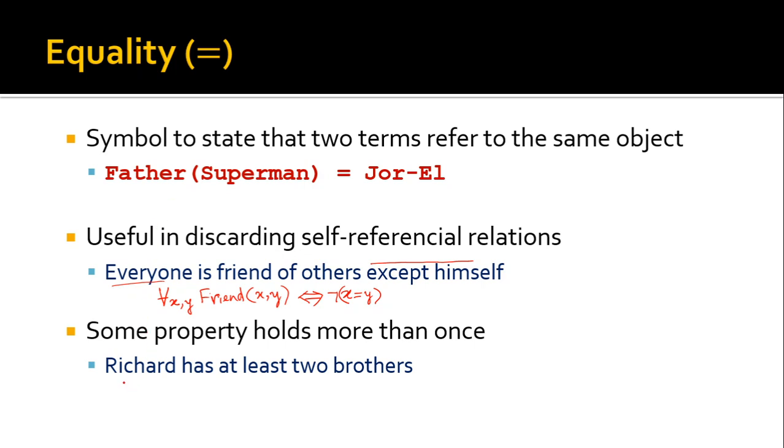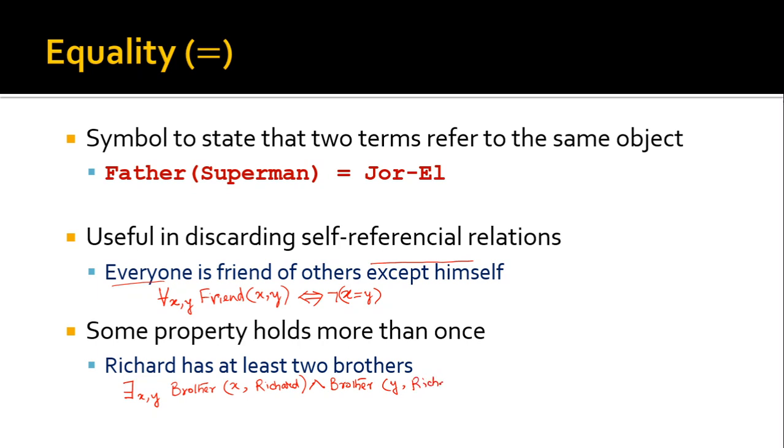So we can find two persons or two entities or two objects, X and Y. So the first object X is a brother of Richard, and Y is also a brother of Richard.